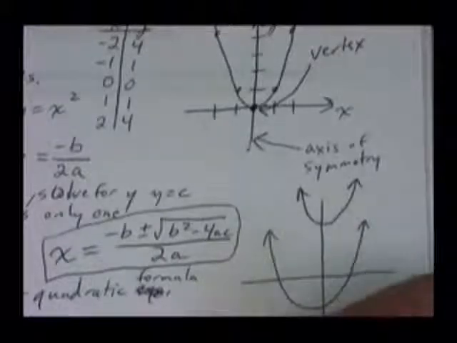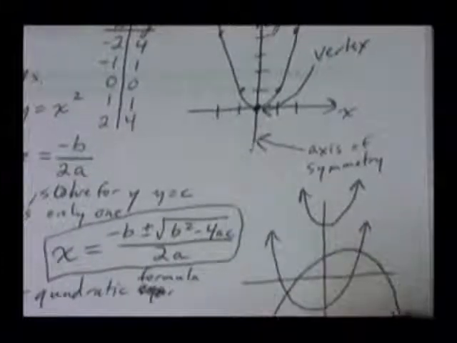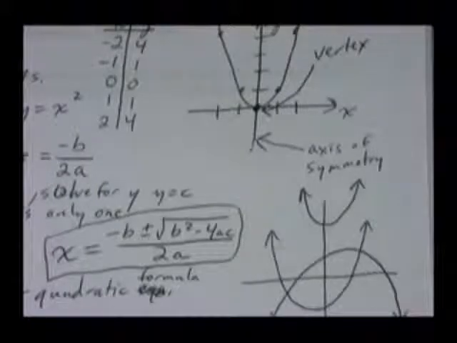So for x-intercepts you could have 0, 1, or 2. You could also have a parabola that is going down like that. Those are all the different kinds of things that could happen with the graph.